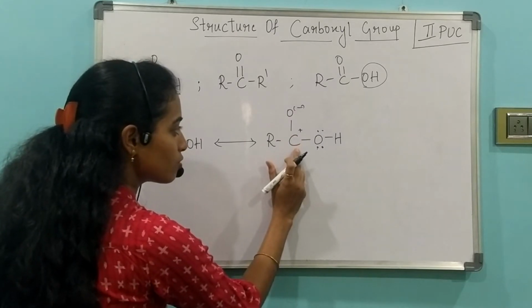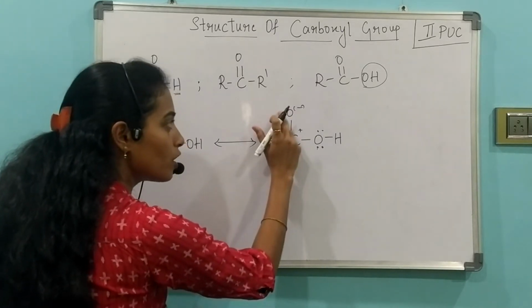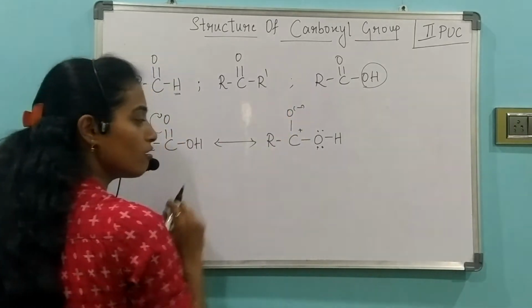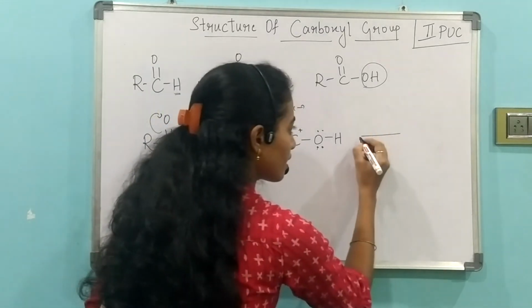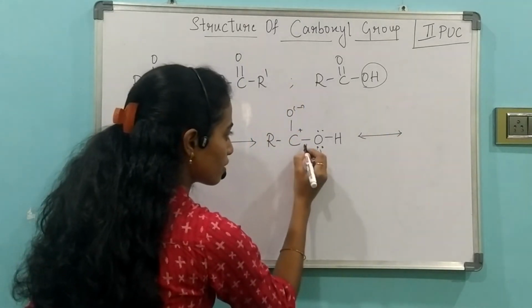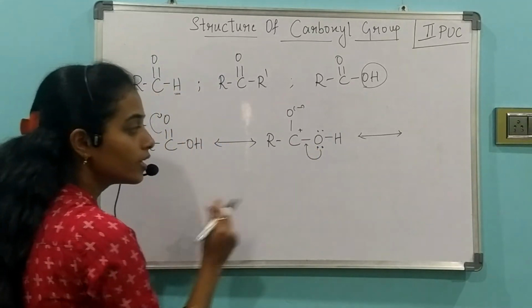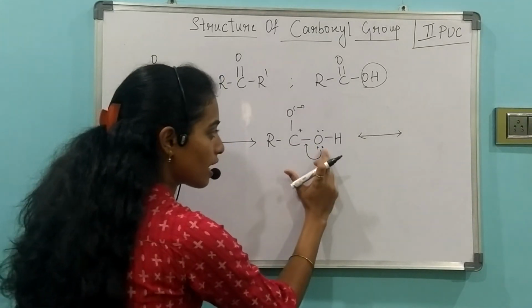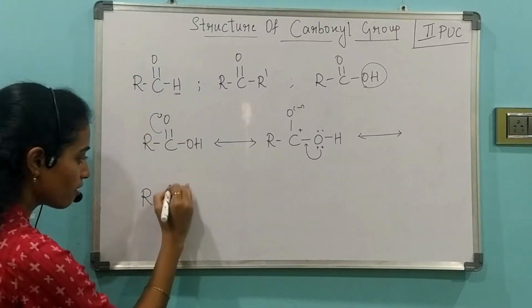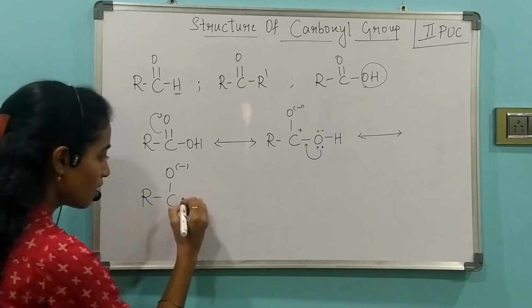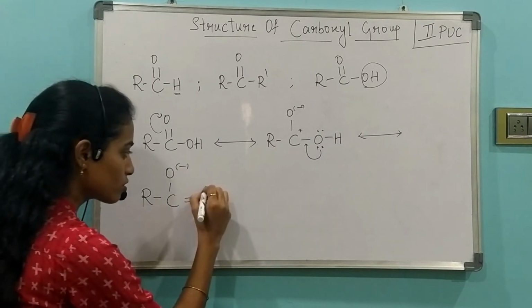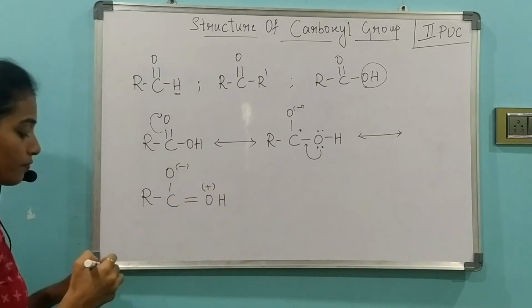That electron is taken by the oxygen, because it is more electronegative, and the bond got shifted onto the oxygen. So here I can write one more resonance structure by shifting this lone pair of electrons here. I can write the structure again as RC double bond O H, with the other oxygen getting a positive sign.